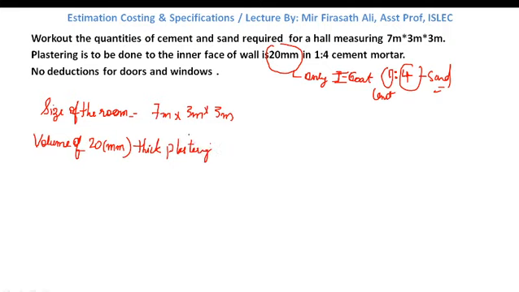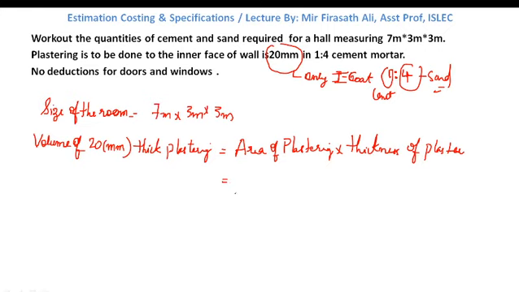To calculate the volume, how will we do it? Volume is area of plastering into thickness of plastering.